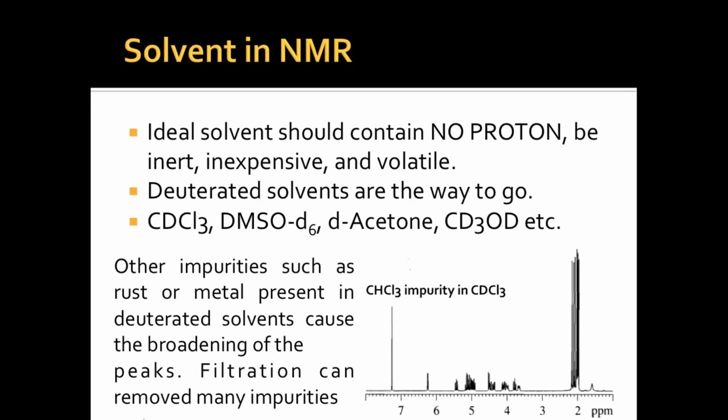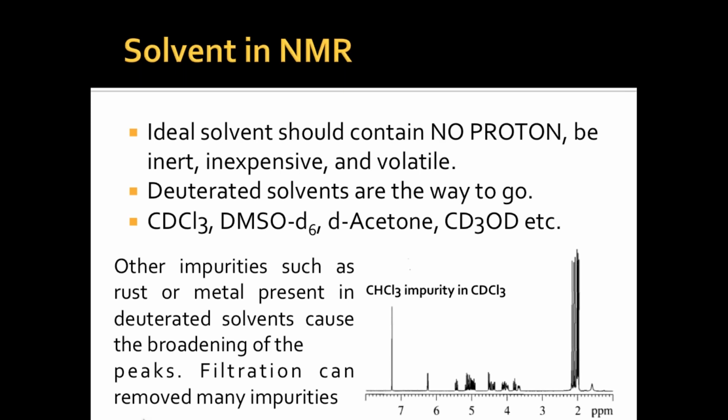The most common solvent we use in NMR is CDCl3, or CD3OD, which is methanol. What is CDCl3? CHCl3 is chloroform, but the deuterated form of it is CDCl3.